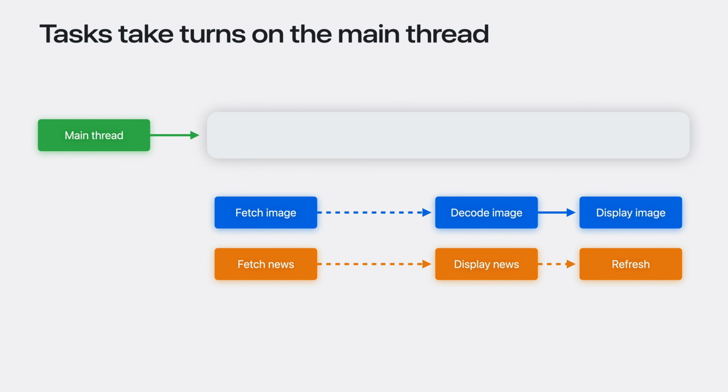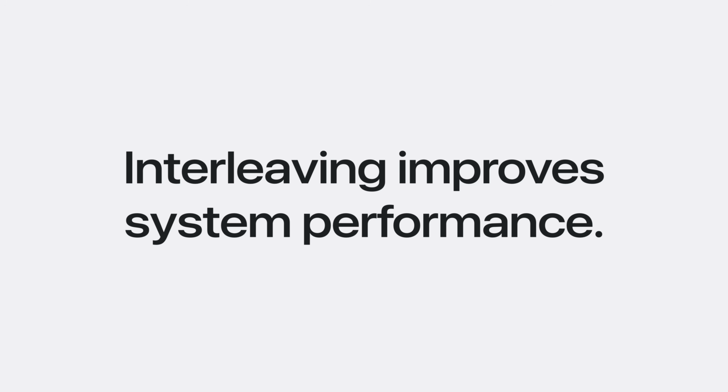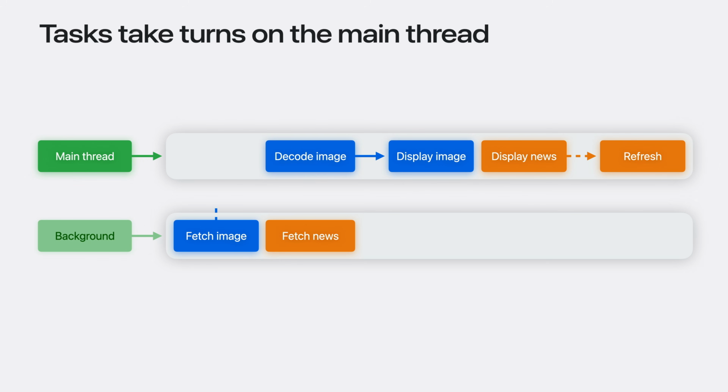The main thread will run the pieces of each task as they become ready to run. A single thread alternating between multiple tasks is called interleaving. This improves overall performance by making the most efficient use of system resources. A thread can start making progress on any of the tasks as soon as possible, rather than leaving the thread idle while waiting for a single operation.